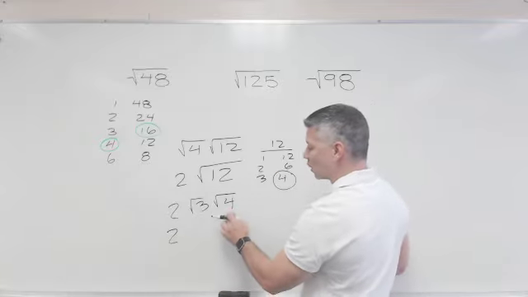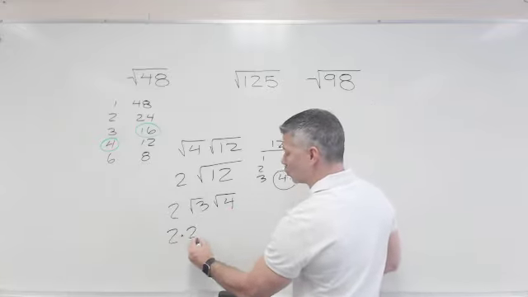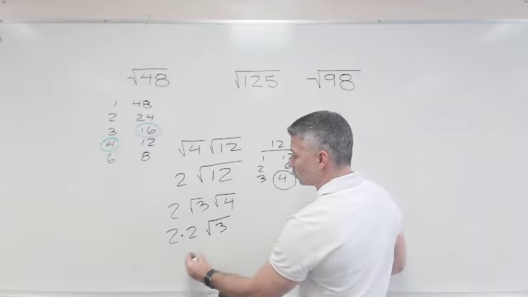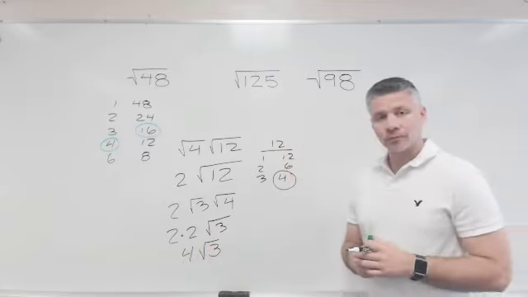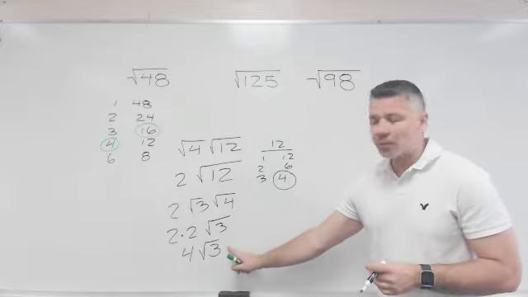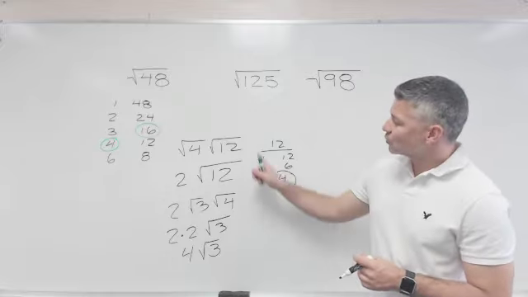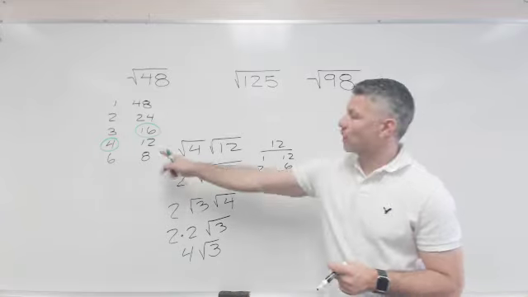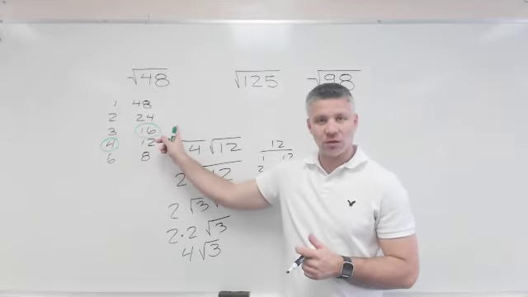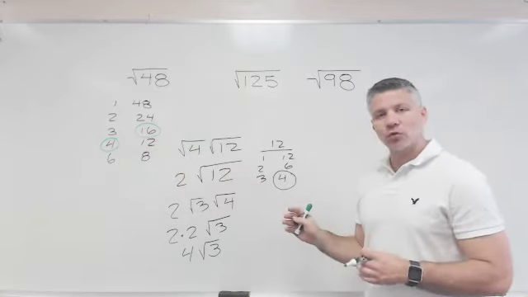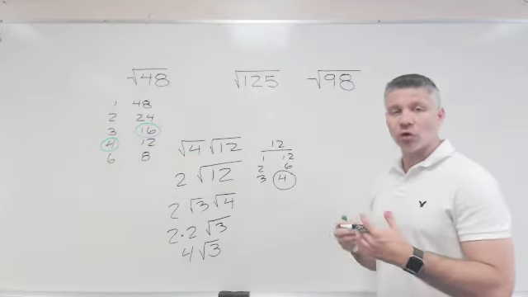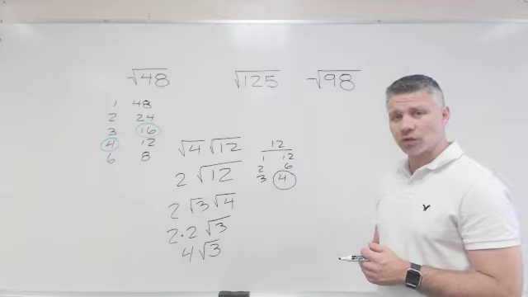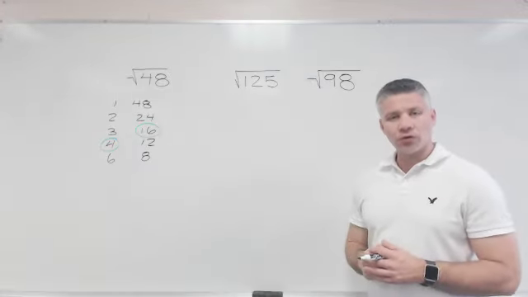That means 2 times the square root of 4, which is 2 square roots of 3, or 4 square roots of 3. This is the same answer we got before, but this is a lot more work than when I did the 3 and the 16. So when you simplify square roots, simplify it using the largest square root in your list.